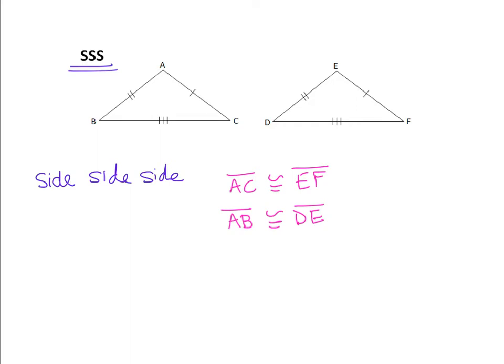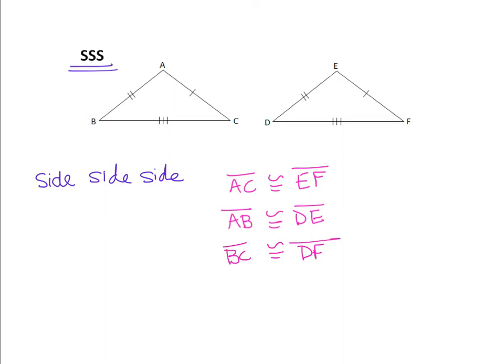And then our last one, we have BC is congruent to DF. So there's our third side that's congruent. So there's your side, side, side.